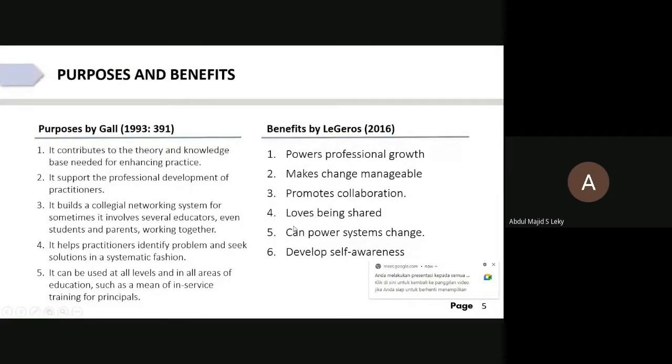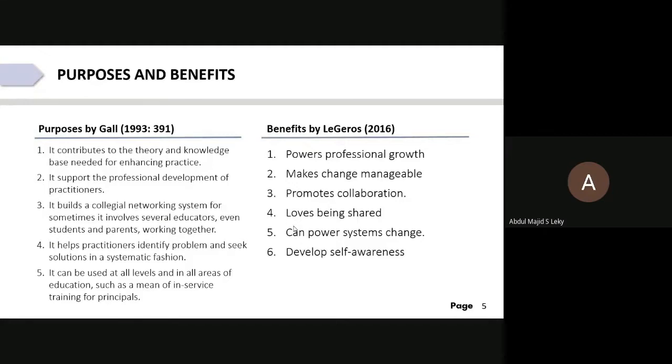Fourth, classroom action research helps practitioners identify problems and seek solutions in a systematic fashion. So it is not just a teacher trying to find some solution in the classroom process, but rather a systematic way, a systematic strategy.